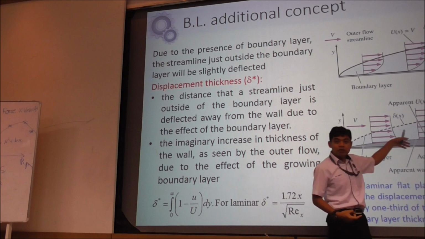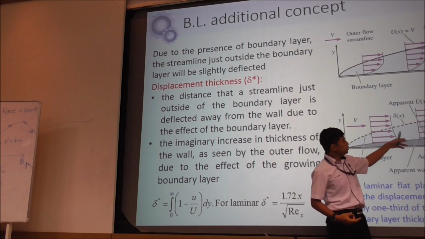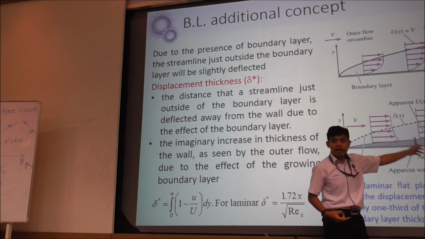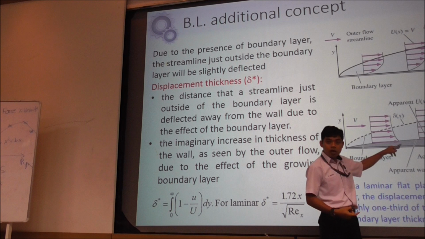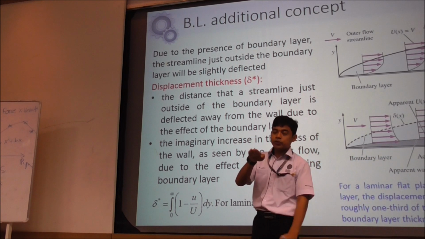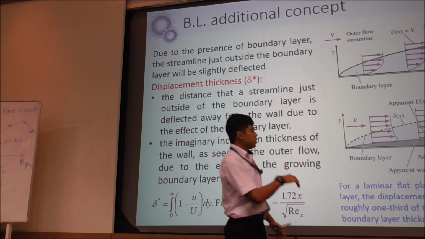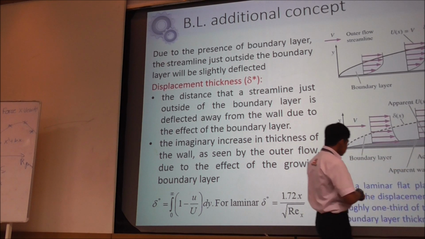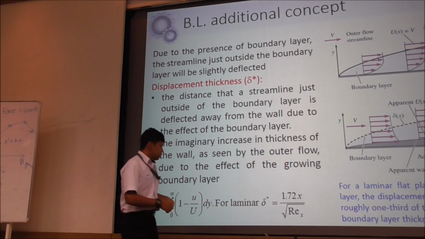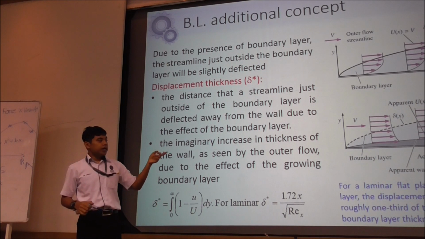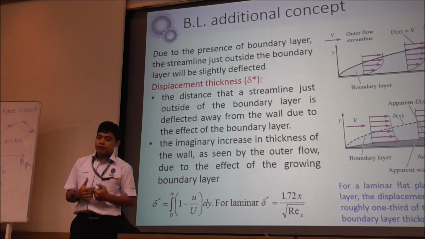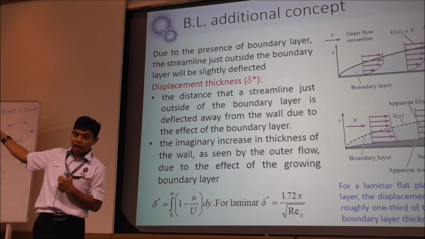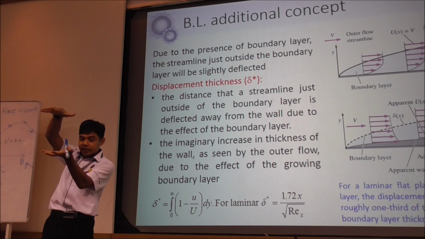Because of this apparent wall, of course, now your flow will behave differently, right? Rather than following the exact wall, because the wall gives you the no slip condition. So with this apparent wall, now you have the wall over there. This will affect you when you have a wind tunnel test. You have the test section there.